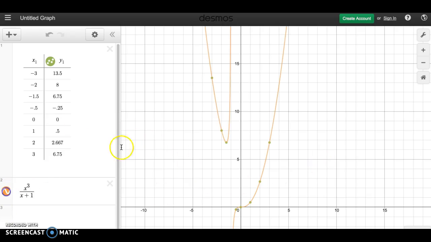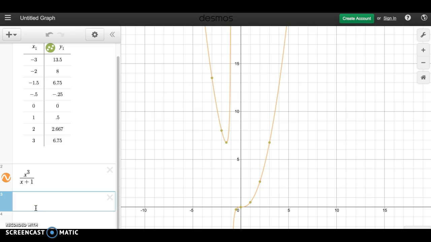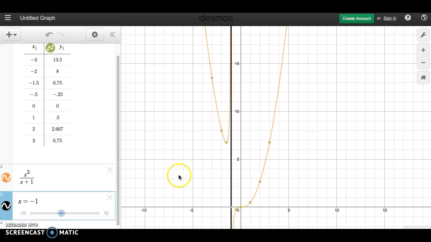But let me put this graph back in. You can see how this is -1.5, and as we go close to -1, there's a vertical asymptote. Maybe a good thing to do would be to put in that vertical asymptote, x equals -1. And you see if we throw in that vertical asymptote, you can get a better idea.